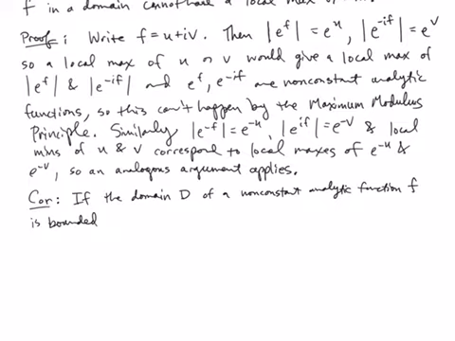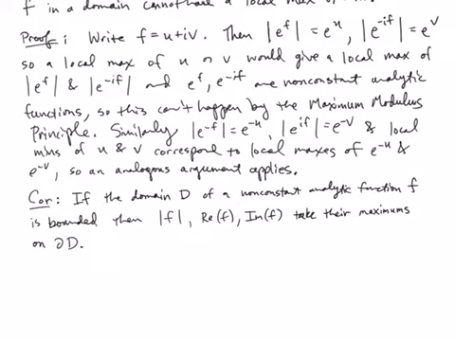If that's bounded, then norm f and the real part of f and the imaginary part of f take their maximums on the boundary of D. And the proof is just that the closed and bounded set, D union its boundary.